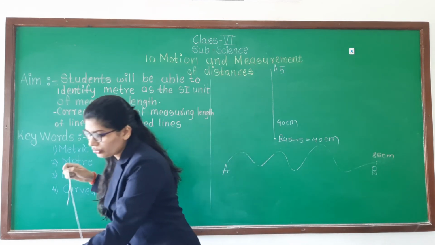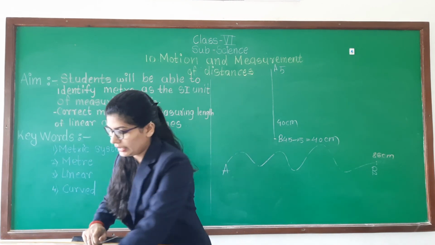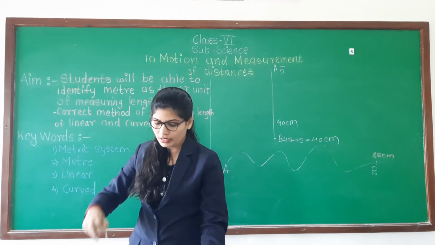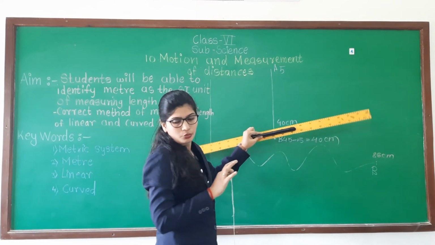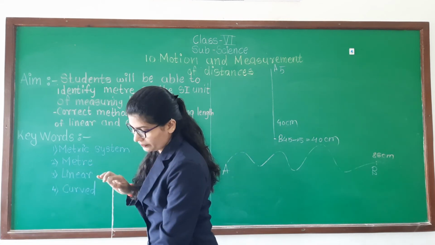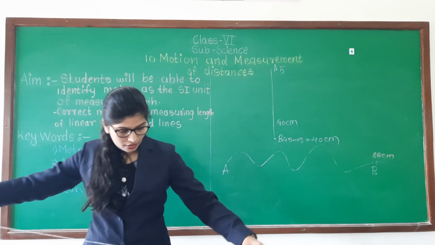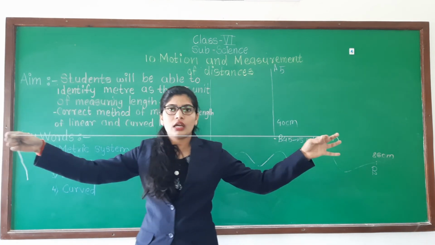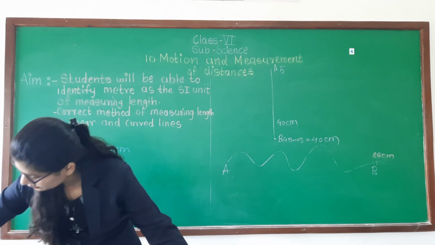Now again what you have to do, you have to take the scale, put that scale on a plain surface. Like that you have to put. Now I am putting it on the desk, and then you have to measure that. Okay, you have to stretch that string, put it on the scale and measure that.